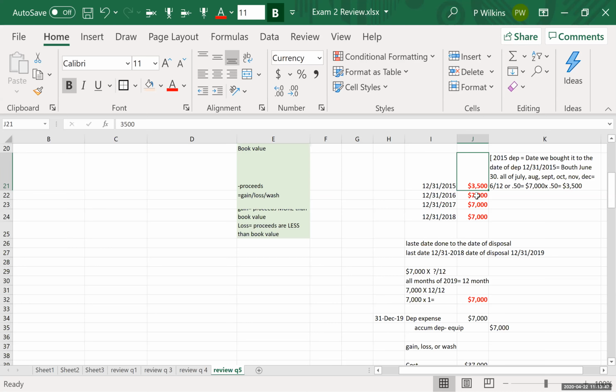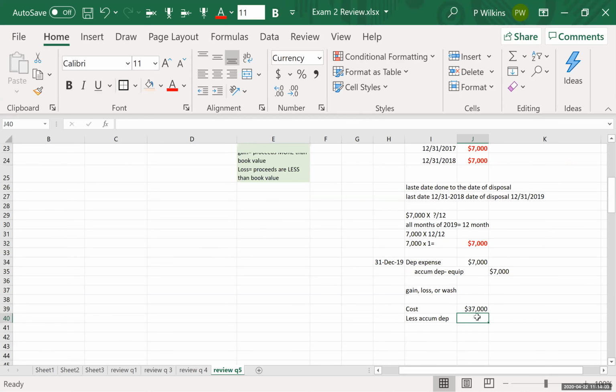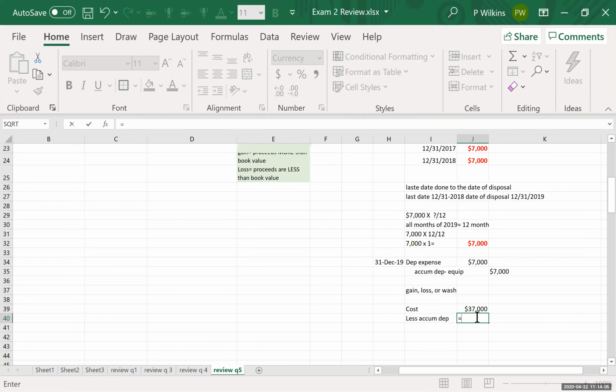So we've got 3,500 for 2015, and we've got 7,000 for 1, 2, 3, 4. So 28,000 plus 3,500. Okay, so it comes to 31,500.